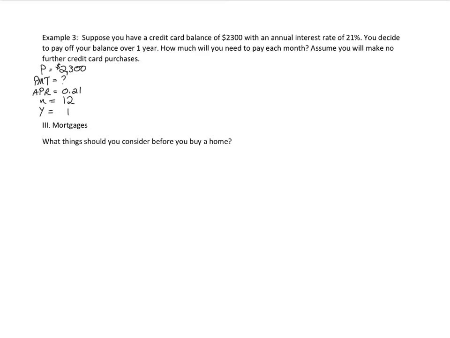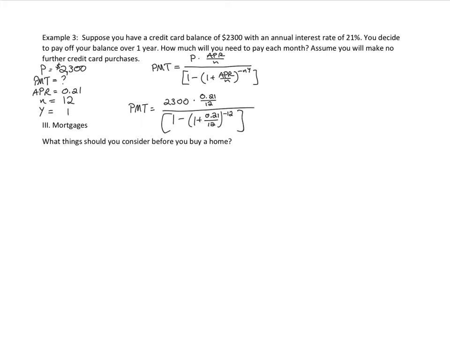Let's see. So we're going to get the formula up here. There you go. You're going to substitute all of the numbers into this formula. I get to say things like this exponent, we're supposed to have negative 12 times 1, but that's just negative 12. I get to say things like this right here equals 0.0175, and so would this fraction.